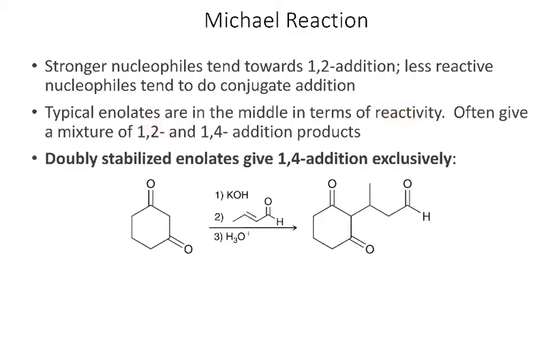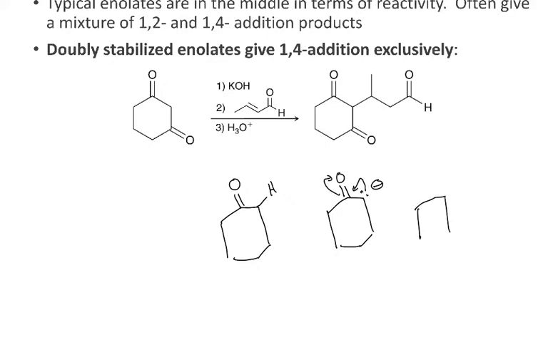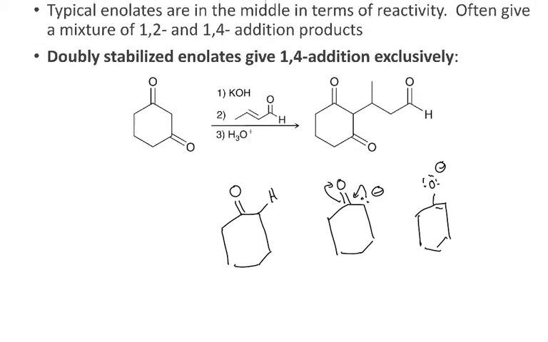When I talk about a typical enolate, what I mean is, if I imagine this ketone and I deprotonate it and remove that hydrogen, I can stabilize that enolate by drawing this resonance structure where I can spread the negative charge out onto that oxygen atom.